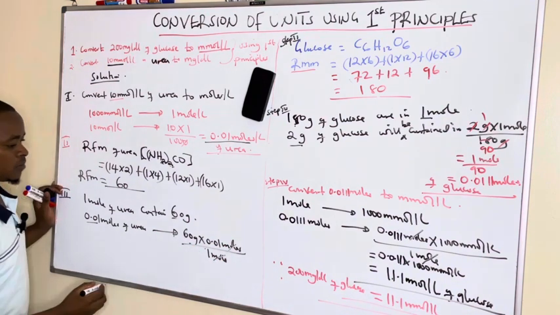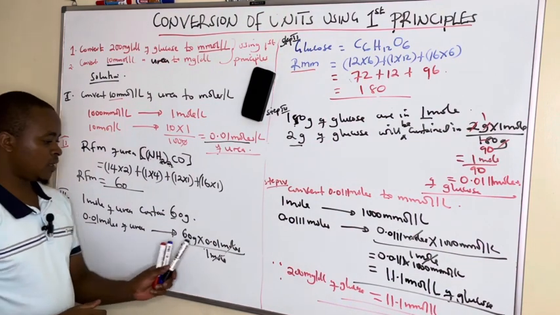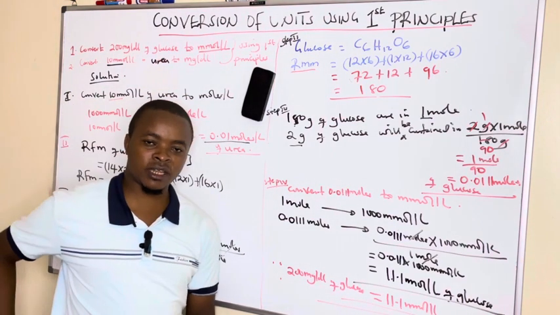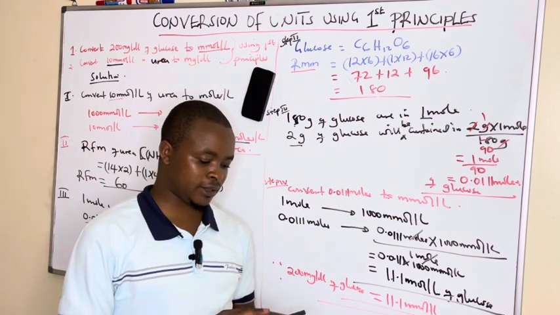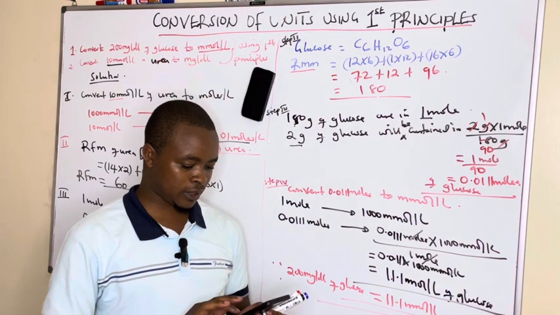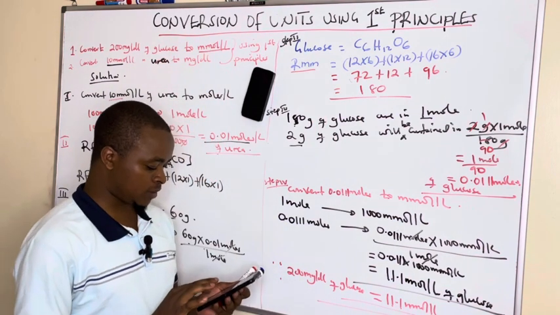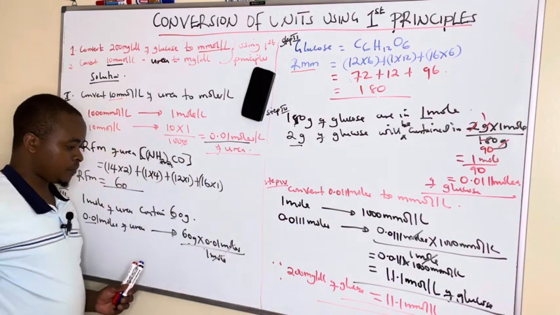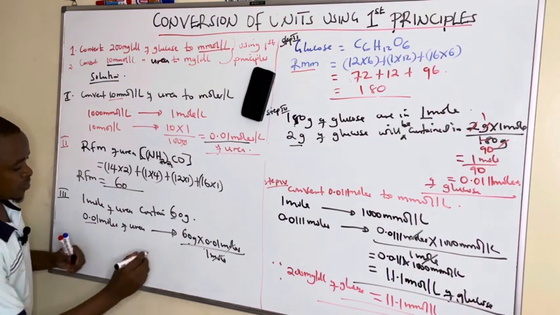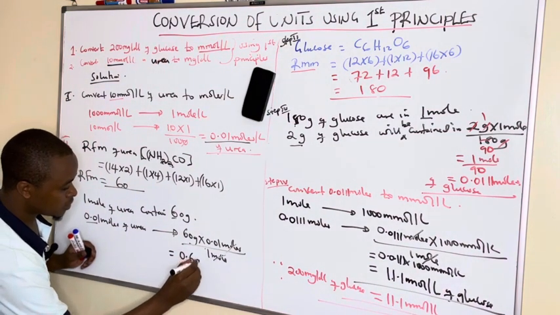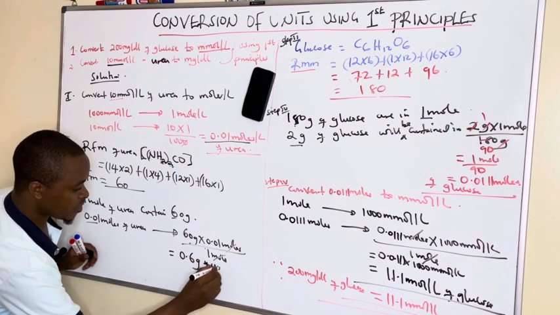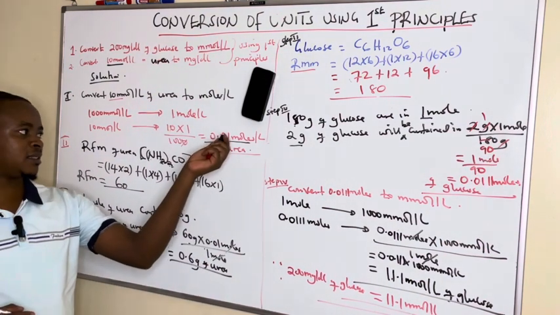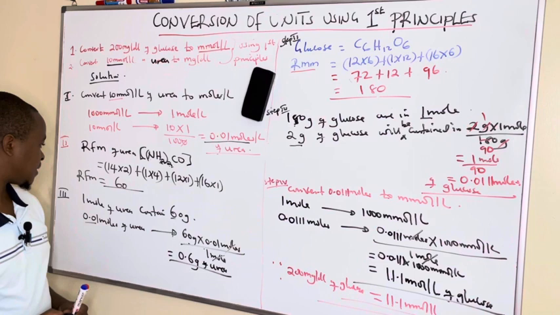Mole goes with the mole, and we shall remain with 60 multiplied by 0.01. When we calculate it together, 60 multiplied by 0.01, we get 0.6 grams of urea. So this 0.6 grams of urea is the one that is in 0.01 mol. That is step number 3.